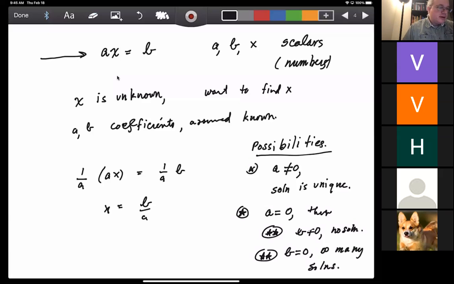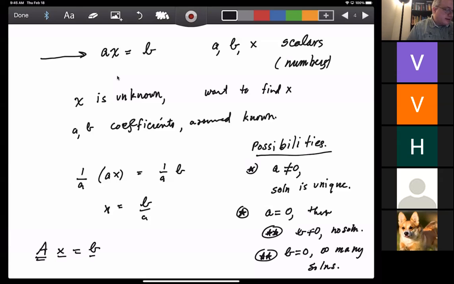Okay, so we will see that when we go to the case of a system of linear equations, so if we have a problem that looks like this, Ax equals b, coefficient matrix A times a vector of unknowns x equals our vector on the right-hand side b, we have exactly the same possibilities. If something about this matrix is true, the solution is unique.